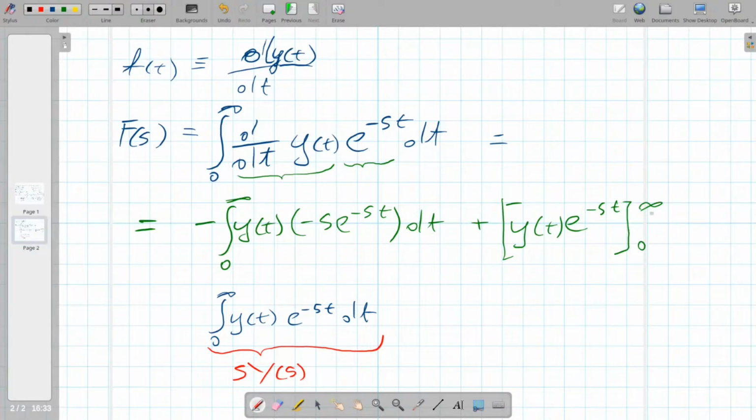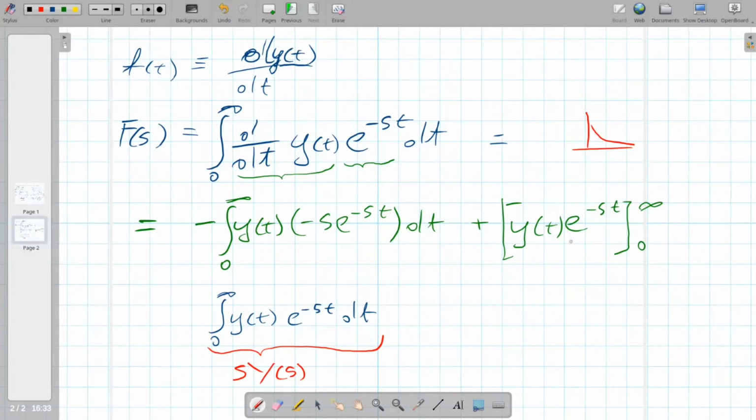If we now impose the limits, if time approaches infinity, this is minus, so all of this approaches 0. So at infinity it is 0, and now I only impose the lower limit, which is 0.